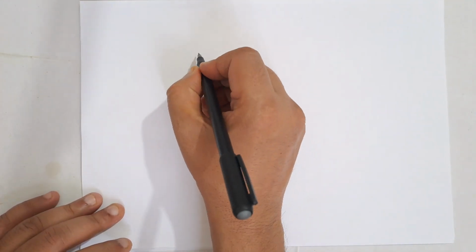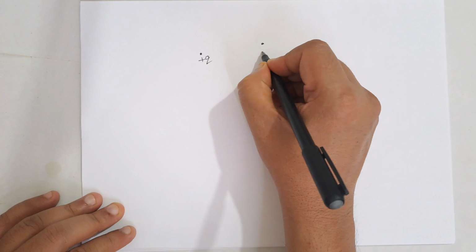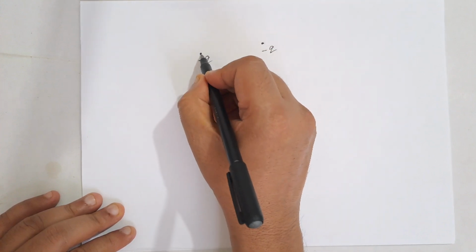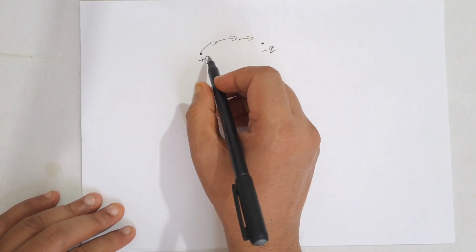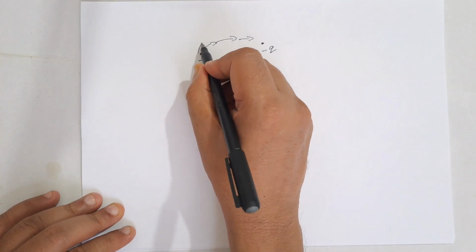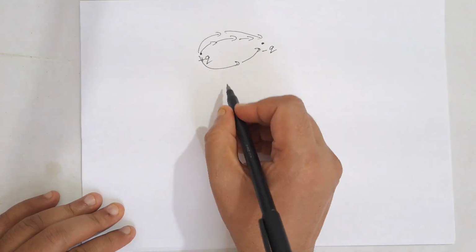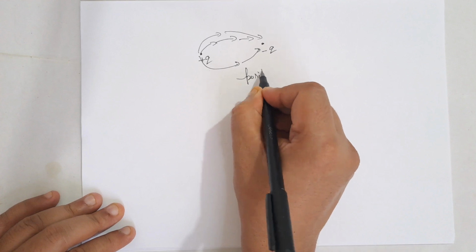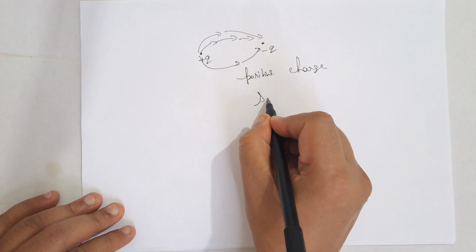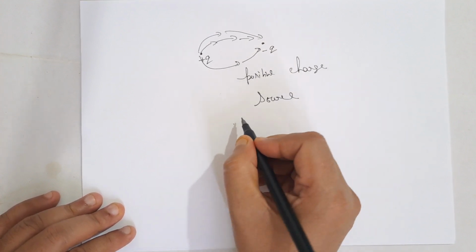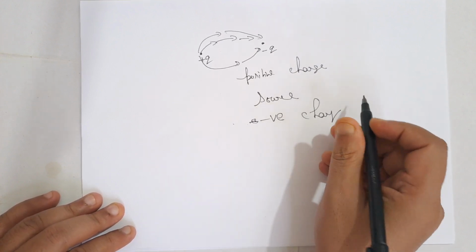Now take a dipole, plus q, and there is another negative pole minus q. So there is a field which originates from plus q. So a positive charge can function as the source of the electric field, and a negative charge can function as the sink.